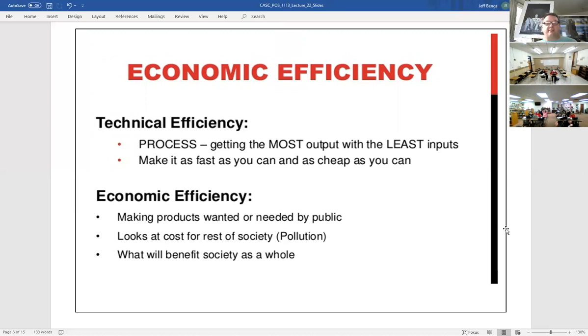This simply means that our society is getting as many of the goods and services that are possible from the resources that we have to produce them. So that's being efficient. This will stimulate competition between business owners and producers of goods.